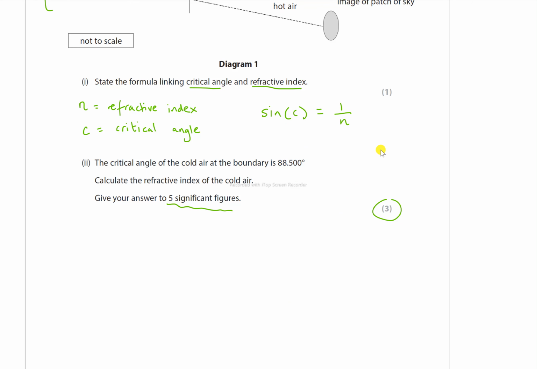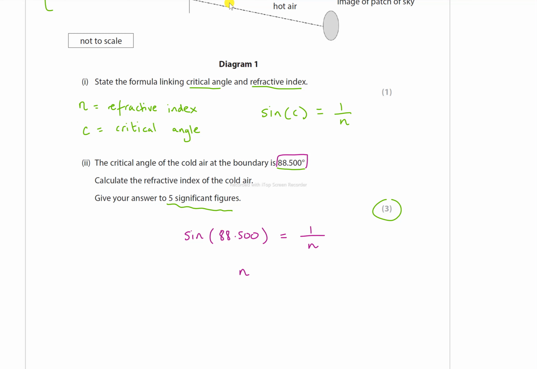Now what they've done is they're going to give you 3 marks, 5 significant figures, the critical angle they've given you. So sine 88.500, right? It's important because they've given it to that accuracy for a reason, equals 1 over n. Step 1.